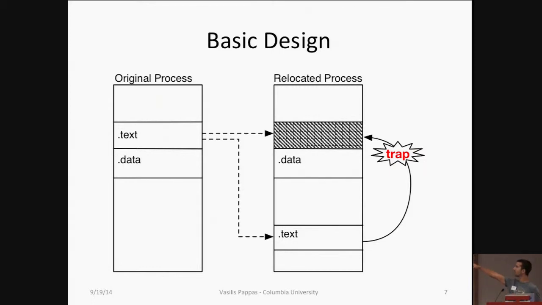And then we put the code in a new random location, which is down here in the right picture. So again, whenever the code tries to access something using an absolute address based on the preferred address of this executable module, we will get a trap, and then based on that trap, we will decide what to do.